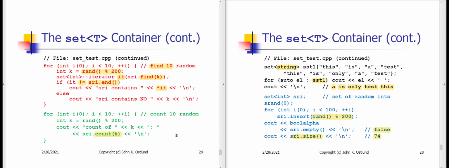If I ask for a count of the value 9 and I get back a 1, that means that the 9 is in the set. Now, counting, I guess, is fractionally less efficient than finding, although since a set contains unique values, it's not clear that it works out any different for a set.